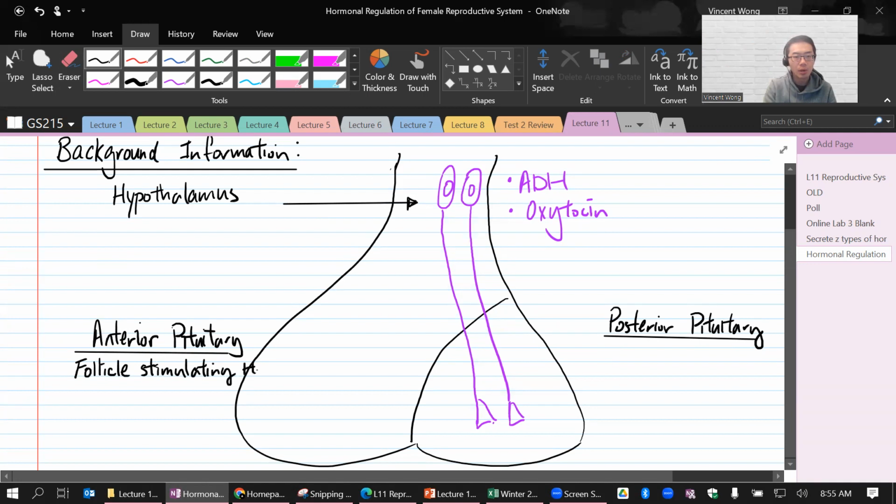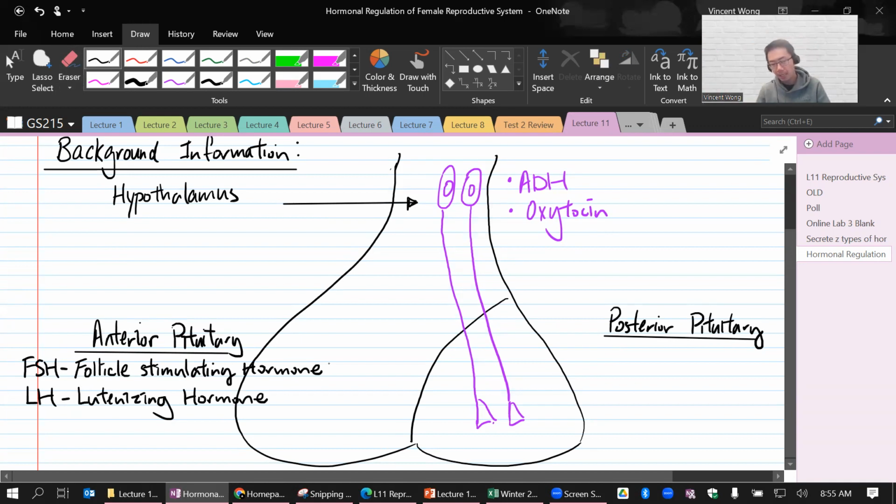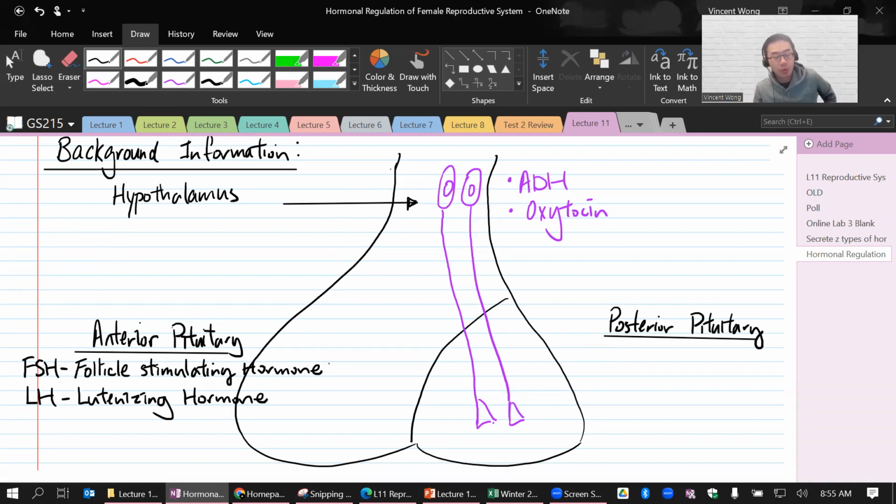It's good to know what they stand for because it usually tells you what it does. So that's the follicle stimulating hormone, FSH. And then there is the LH, which is luteinizing hormone. These are made in the anterior pituitary gland and stored there until they are ready to be released.